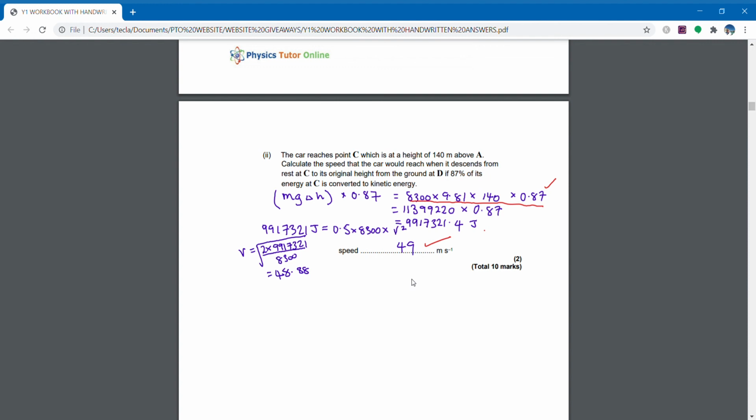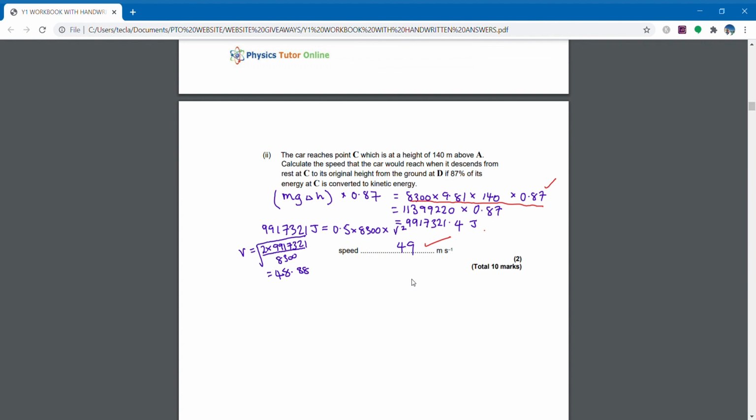So let's take 0.87 of its GPE that it has at the height of 140 meters. So 8,300 times 9.81 times 140 is its GPE, times 0.87 gives us 87% of that. That then becomes the kinetic energy.